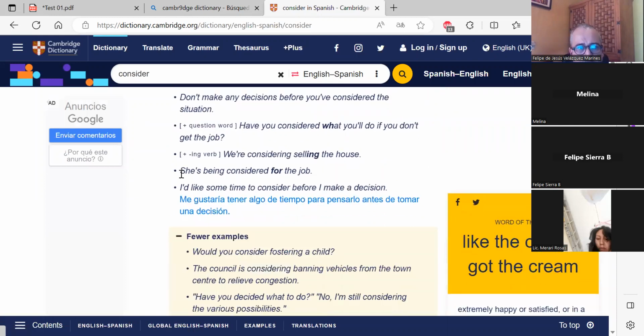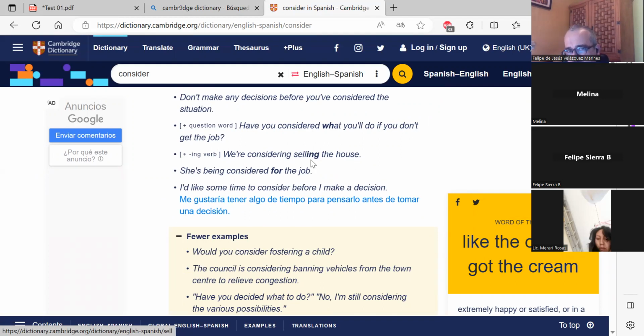So here, for example, we have consider plus question word, consider plus ing verb. We're considering selling the house. If you translate it, you have to say, estamos considerando vender la casa.